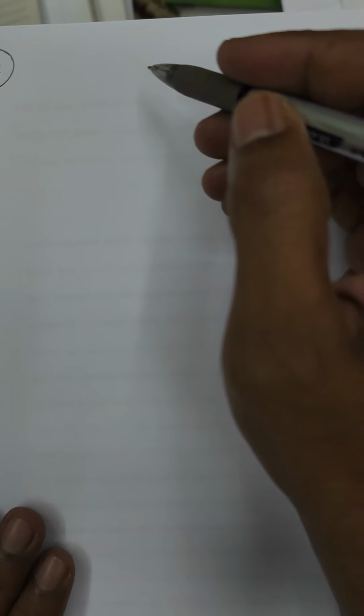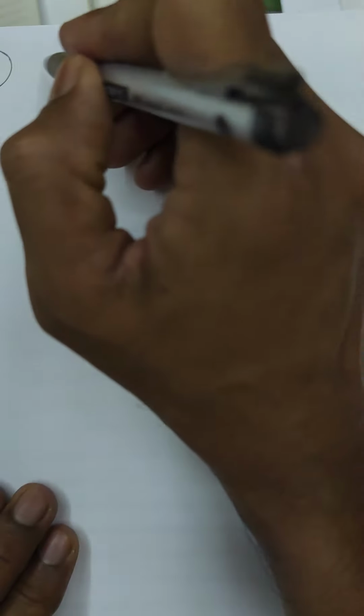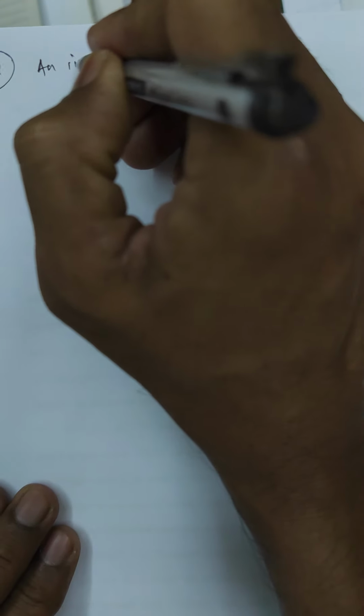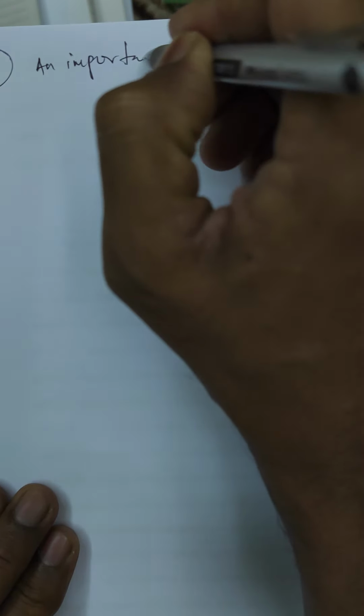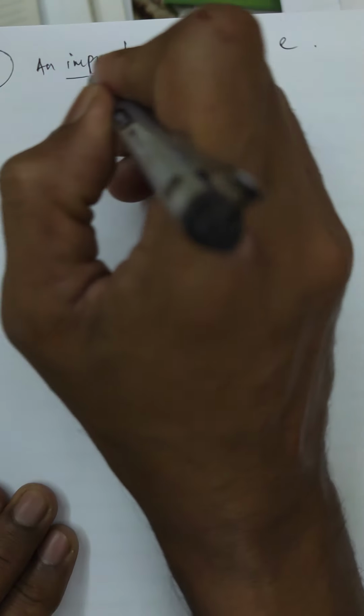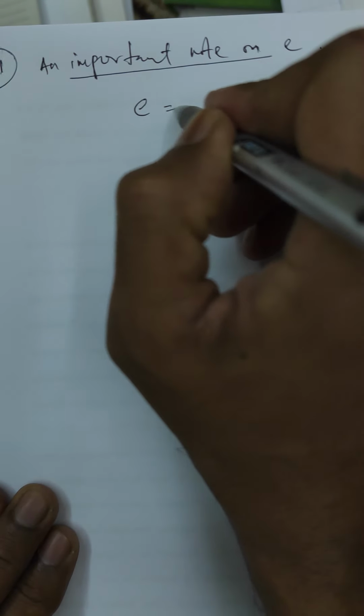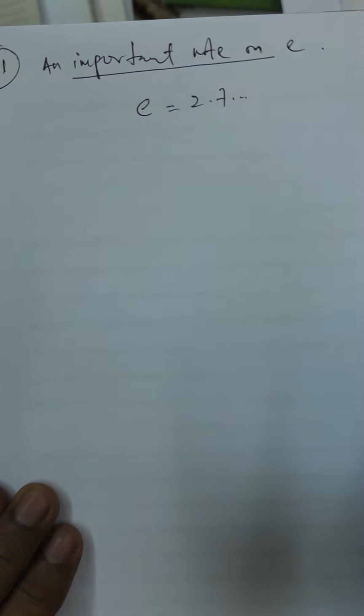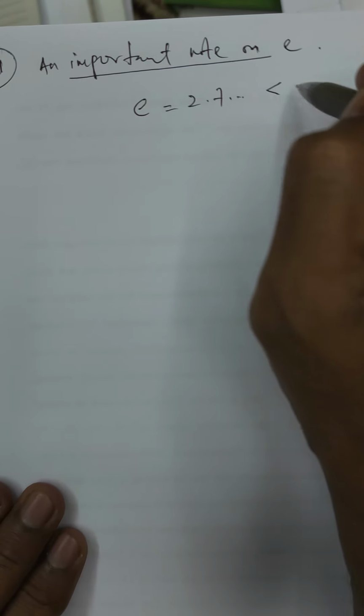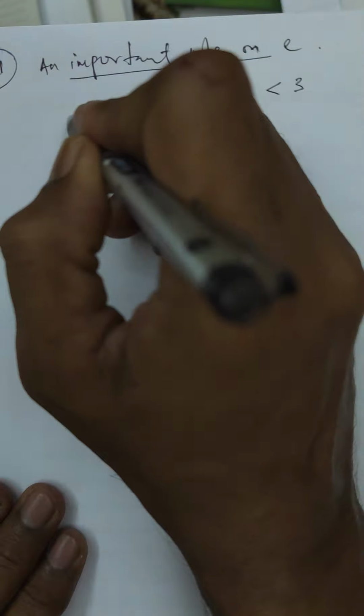In this video, which is quite short, I'll talk about an important note on e. So what do we know about e? e is 2.7 something, which means it's between 2 and 3.